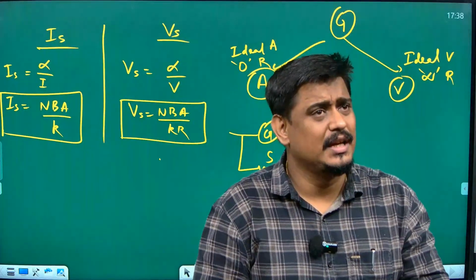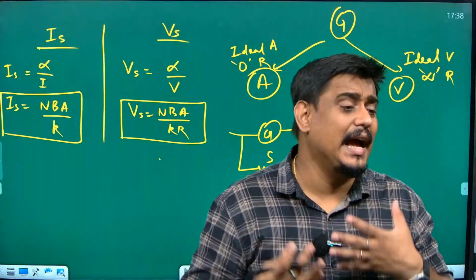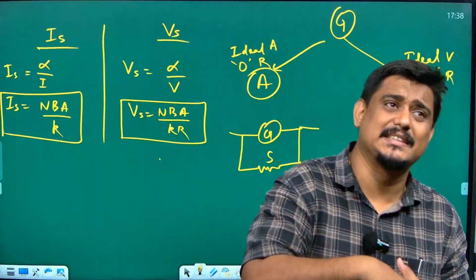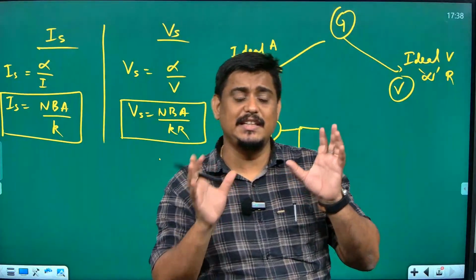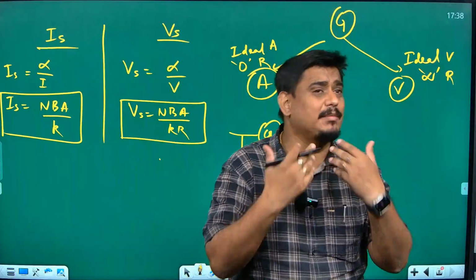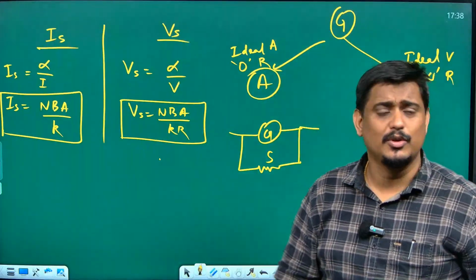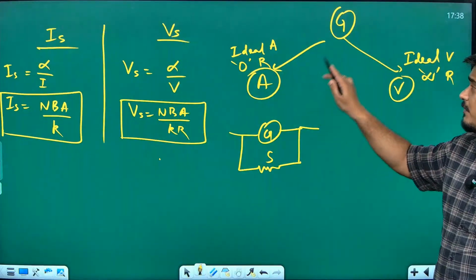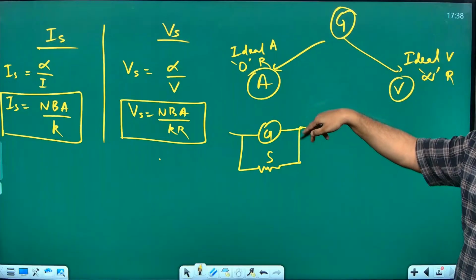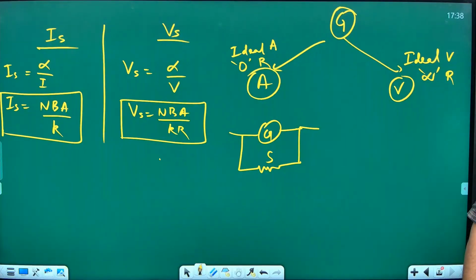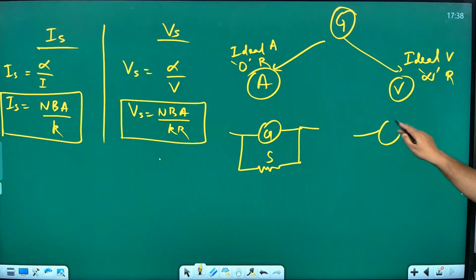That's how it works. And if you want to increase the resistance, add a big resistance in series. The resistance in series will always be more than the maximum value, and in parallel it will be less than the least value. So if you want to convert a galvanometer into an ammeter, we connect a low resistance in parallel. If you want to convert a galvanometer into a voltmeter, then we connect a high resistance in series.